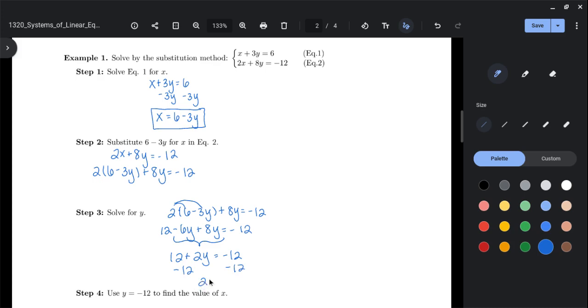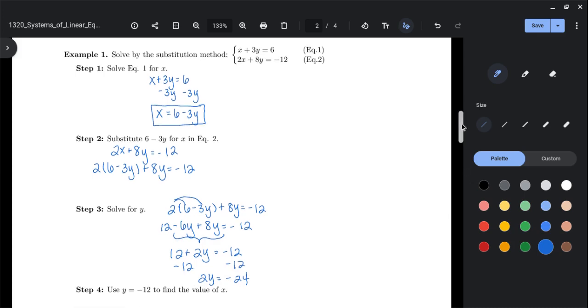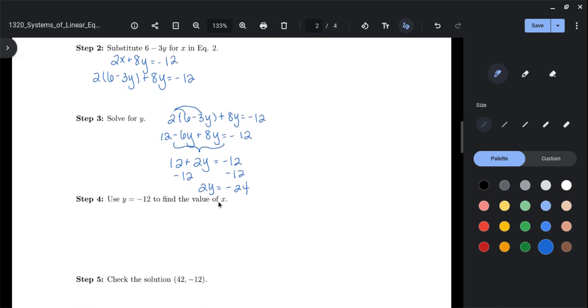And we get 2y equals negative 24. And we still don't have it completely isolated. We have this times 2, so we're going to need to divide by 2 on both sides. And when we do, we get y equals negative 12.